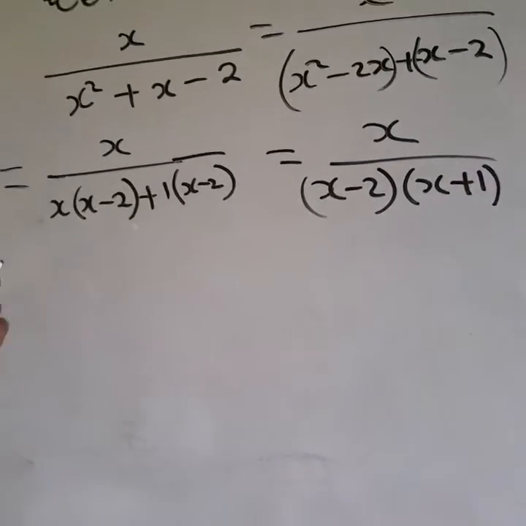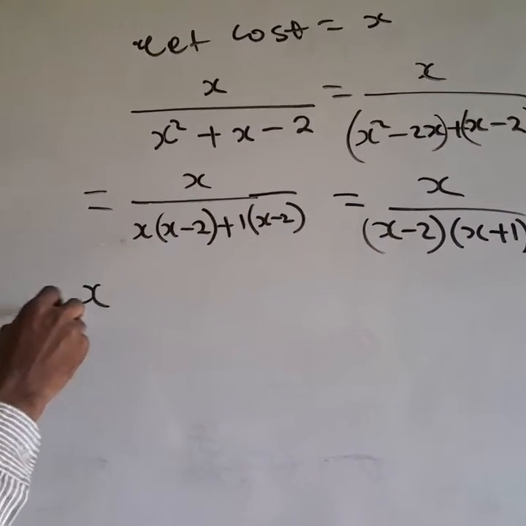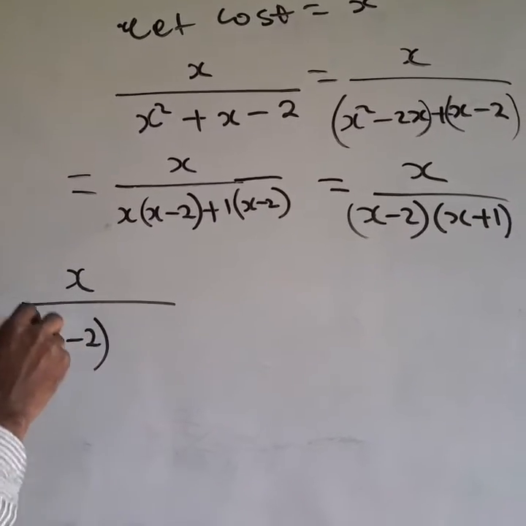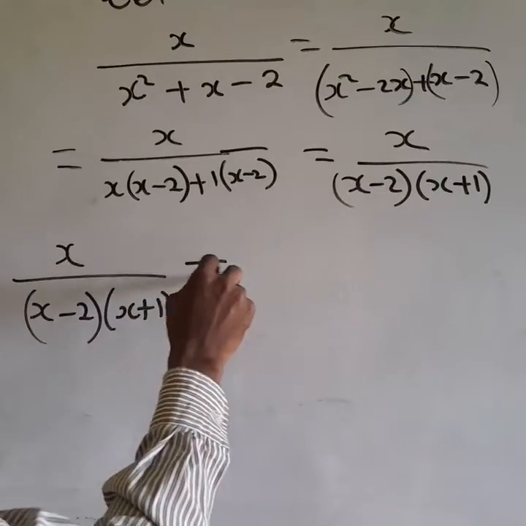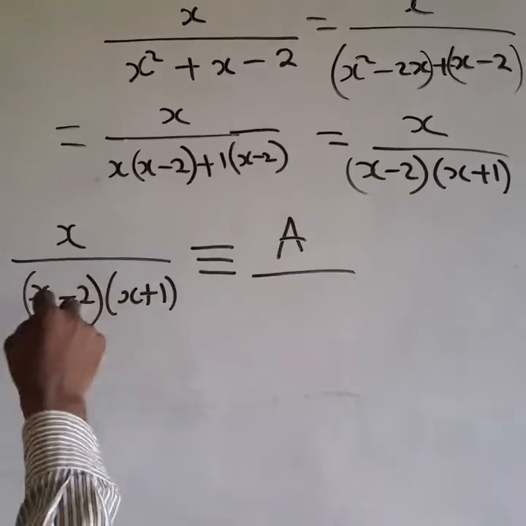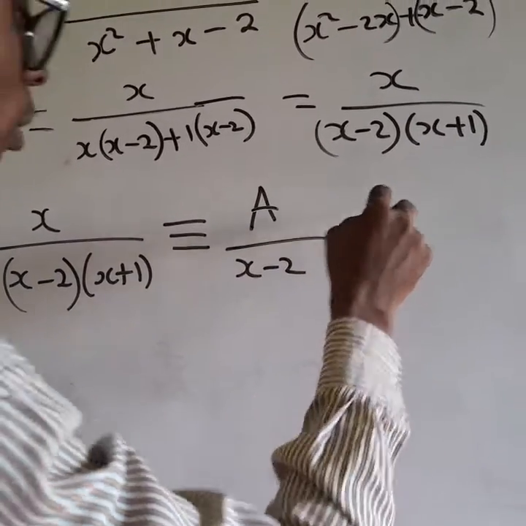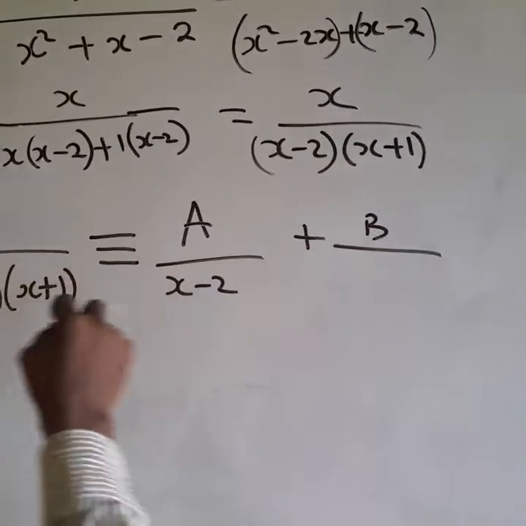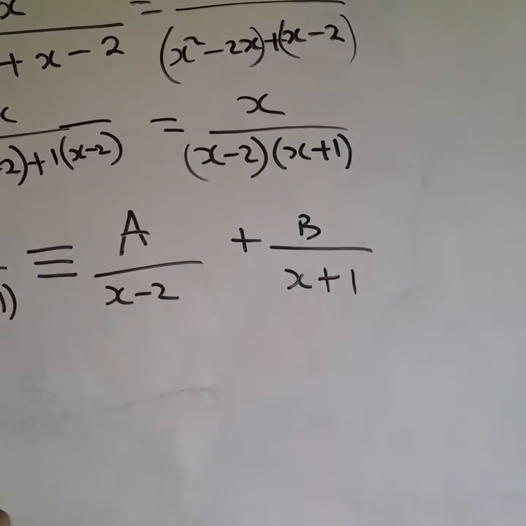So with this, you can now resolve this into partial fractions. So you have x divided by x minus 2, x plus 1, which will be equivalent to a divided by the first x minus 2 plus b divided by x plus 1.